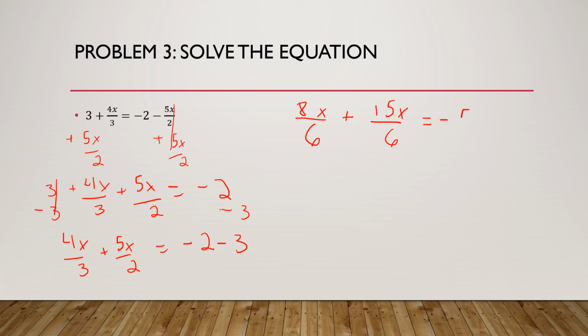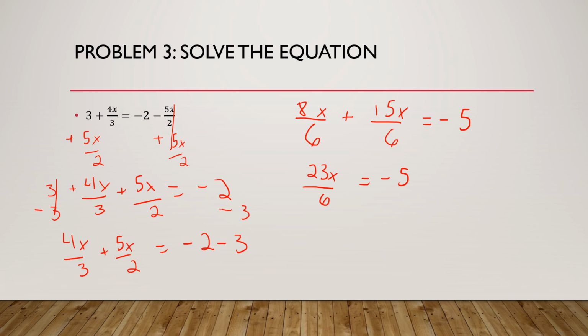That's going to give us negative 5. All right, so 8x plus 15x, what's that going to give us? 8x plus 15x is going to give us 23x over 6 equals negative 5.